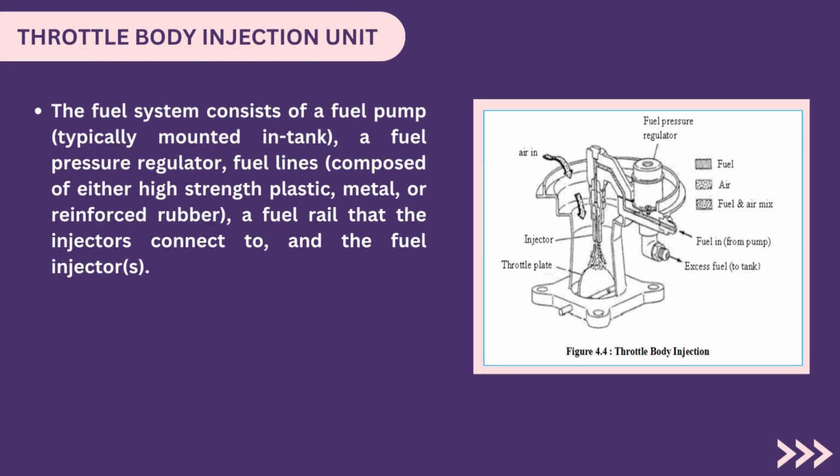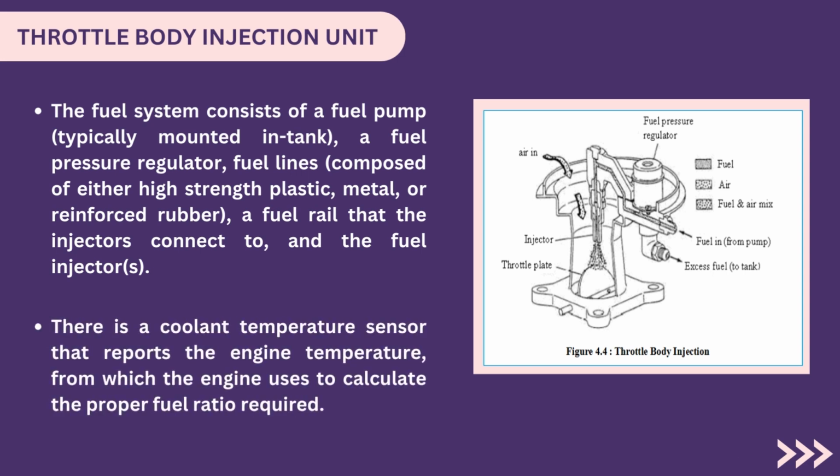The fuel system consists of a fuel pump typically mounted in the tank, a fuel pressure regulator, fuel lines of either high-strength plastic, metal or reinforced rubber, a fuel rail that the injectors connect to, and the fuel injectors.